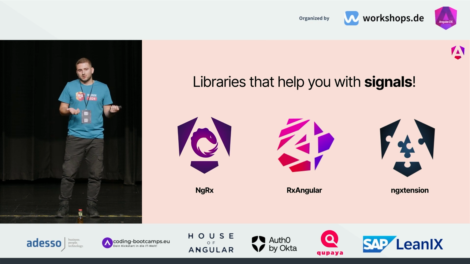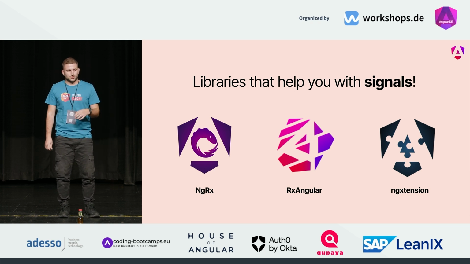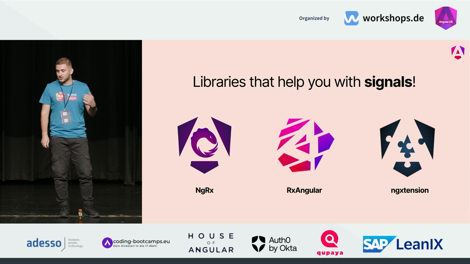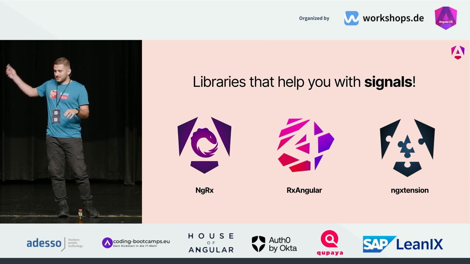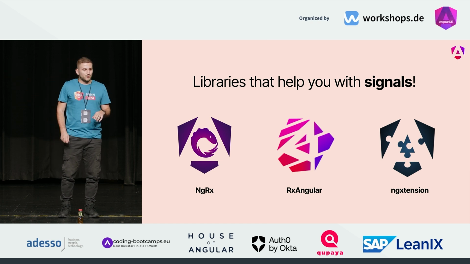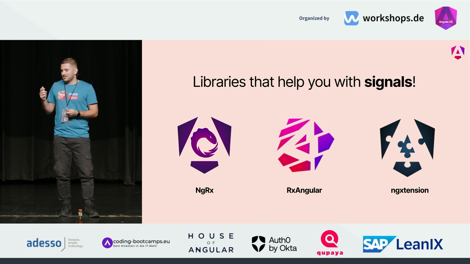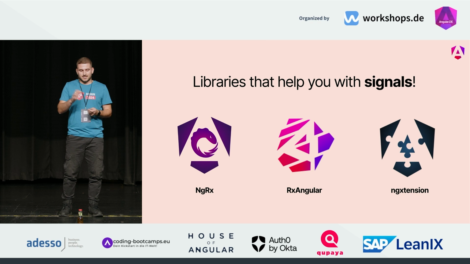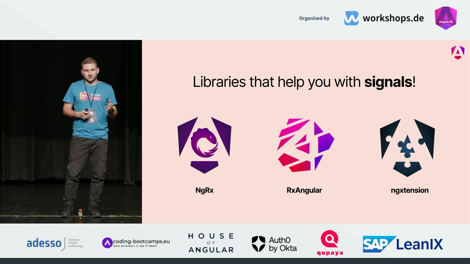And there are also libraries that help you with signals. We have NgRx, which introduced select signals, but also signal store. We have RxAngular, which has full support for signals in template directives, but also in RxState. And then there is ngxtension, which I co-founded with Chau, that basically has signal utilities that you can use in your apps, but also signal migrations.